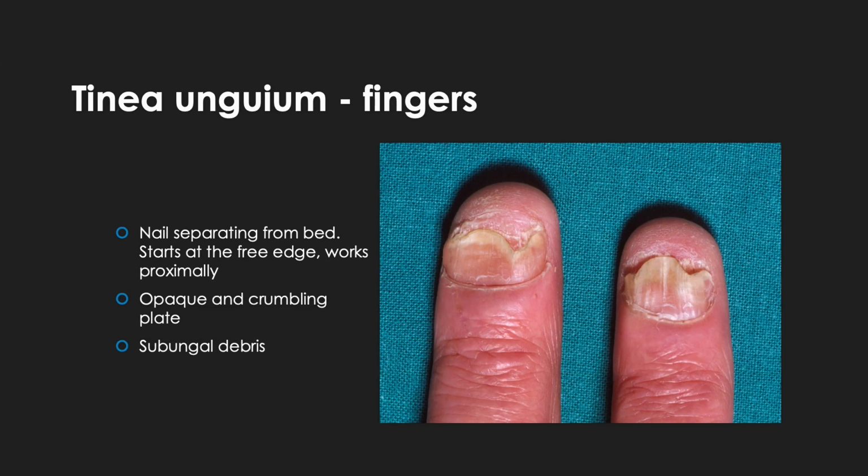Less common than toenail fungus is fingernail fungus, onychomycosis of the fingernails. Here you can see the separation of the nail plate from the nail bed. Again, it starts at the free edge and works proximally. Multiple nails may be affected. The nail plate is crumbling, and there's debris underneath the free edge of the nail.